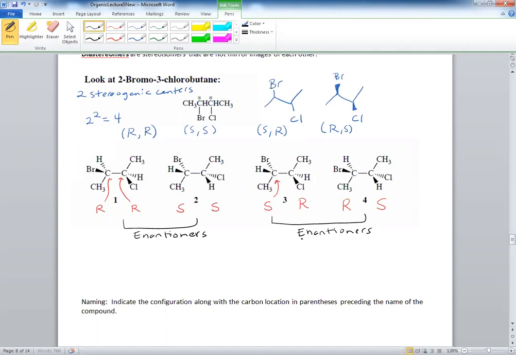However, the question is, what is the relationship between, let's say, 1 and 4, or 1 and 3, or 2 and 3? What is the relationship between them? Well, these would be now diastereomers of these. 1 and 2 would be the diastereomers of 3 and 4, because they are not mirror images.